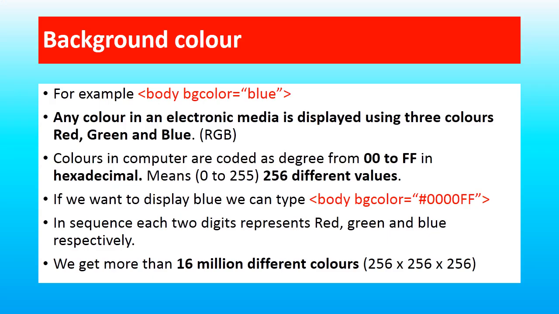Background color. Previously in the first chapter we had changed the color of the background using the attribute bgcolor inside the body tag. We can make the web page look attractive by using background color. Now see, web browsers are familiar with some of the basic colors.